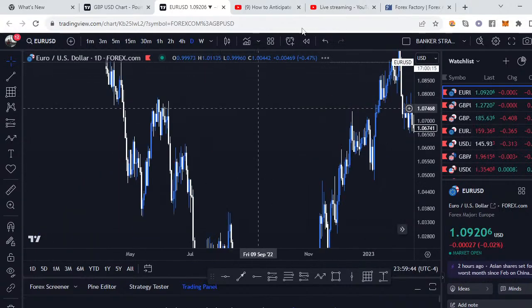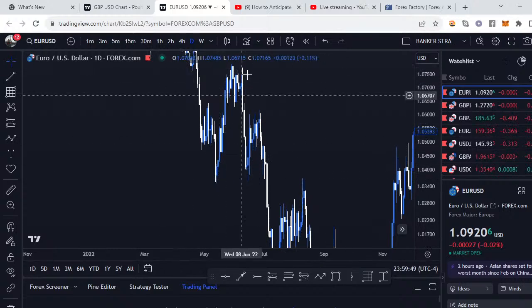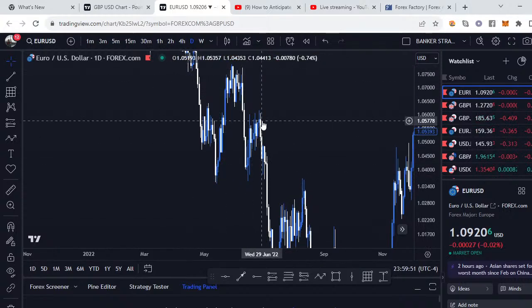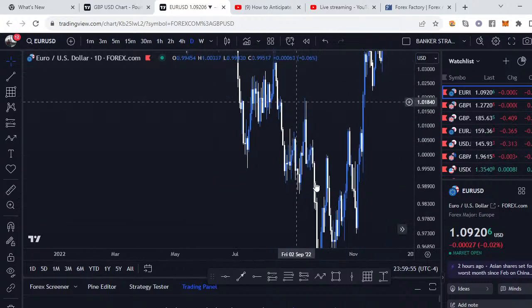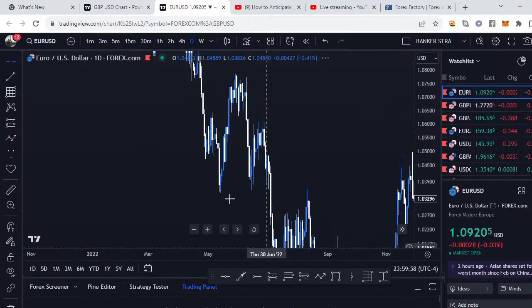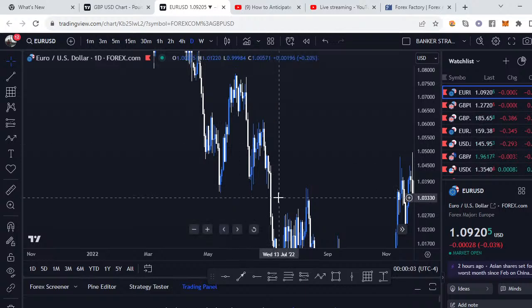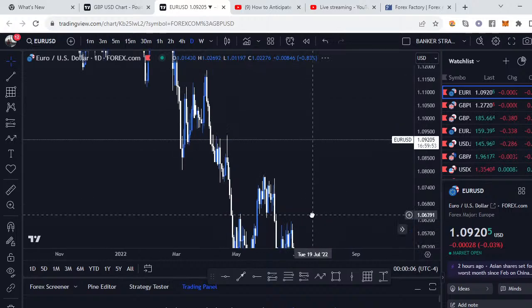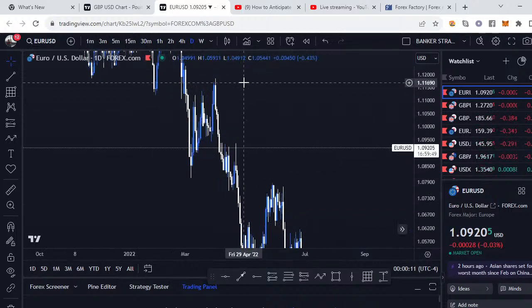When you see the market going down, up, down, up, down, up, down, up, down, that means that the market is in a bearish trend. It's on a downtrend. Market would do that for as long as it has to.